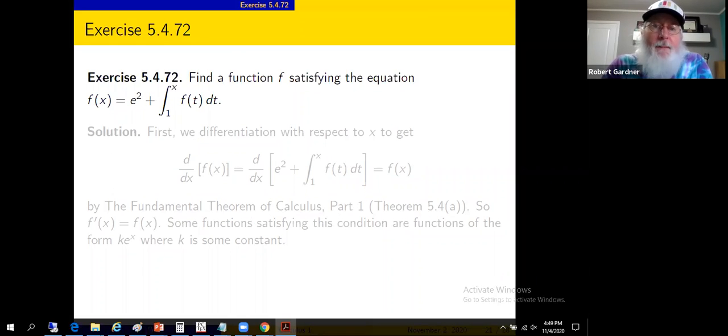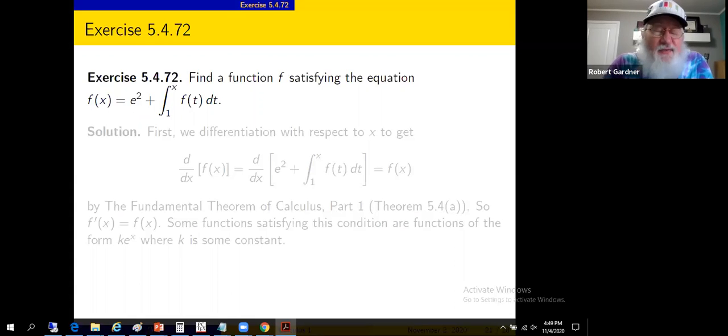Some more. Another function defined using an integral. They say, find a function f, lowercase f, satisfying this equation. To solve this, notice the integrand, lowercase f, is the same as the function defined using that integrand.